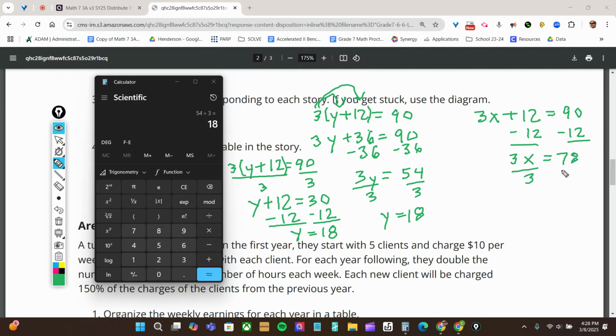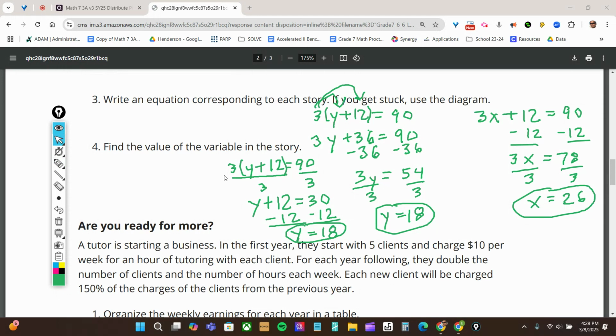Divide by 3, divide by 3, and x is going to give us a 26. You can do the math. All right. Pause it as necessary. And then we'll keep it moving.